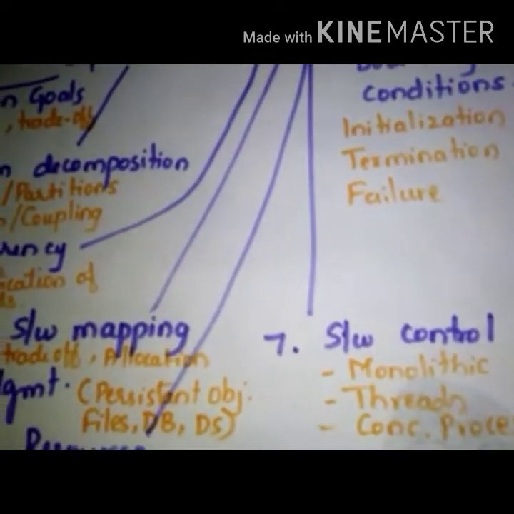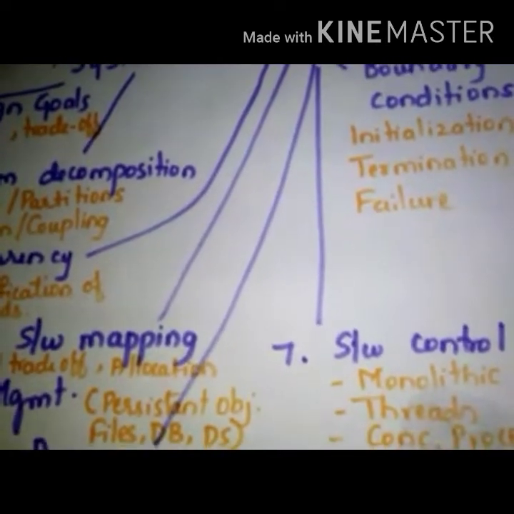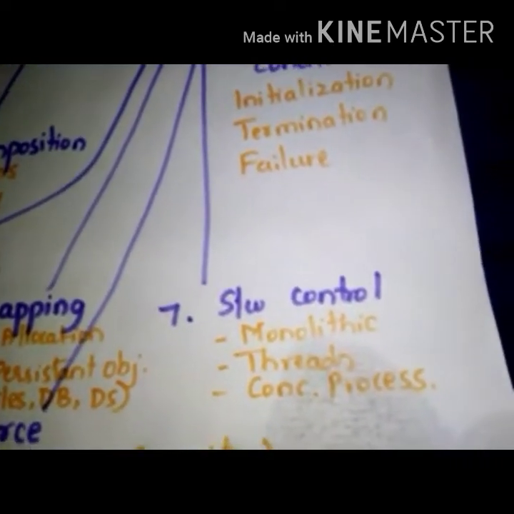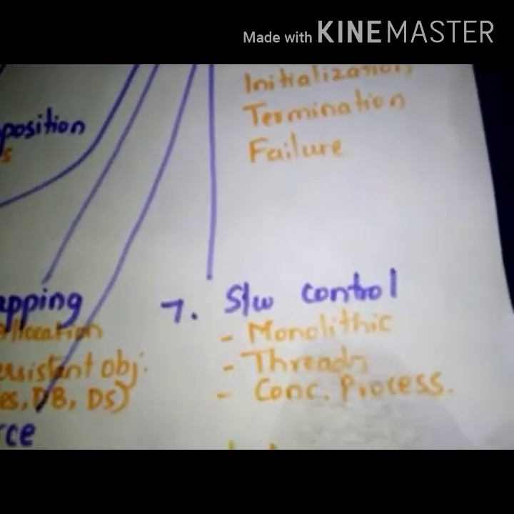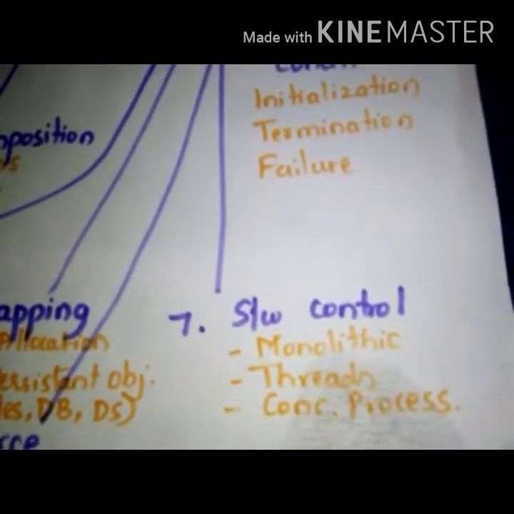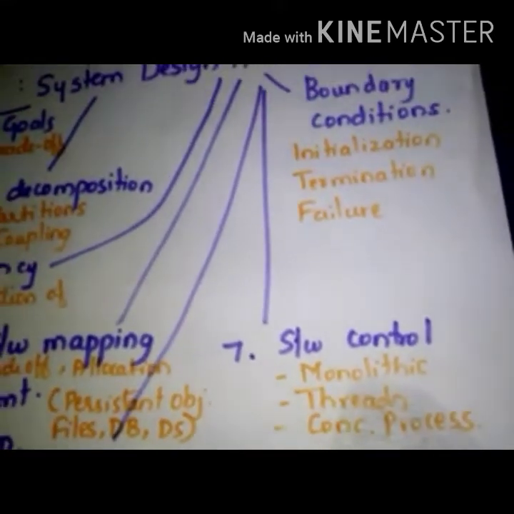Everything is combined into a single program, so it is called monolithic. Next, if you are dealing with concurrent processes, how will you manage them? Are you taking the help of threads in case of concurrency? These are to be defined very clearly.